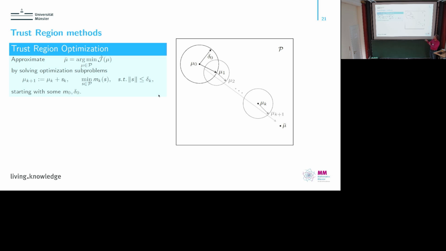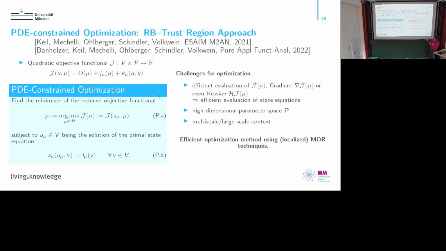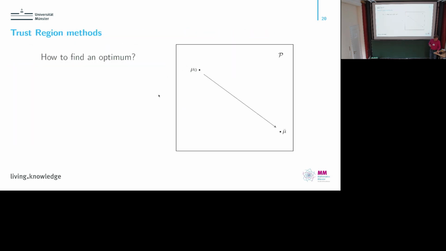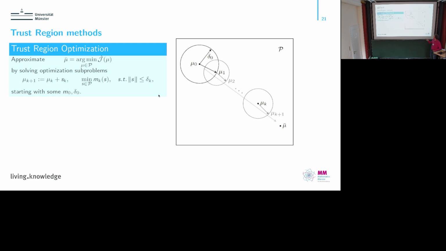And then you update if you come to the boundary of a certain neighborhood of the last iterate, and this neighborhood is the region where you trust your replacement model. And of course, in our case, this model function will be the reduced order model, which is not the exact finite element-based model, but an approximation. And this is how we proceed.